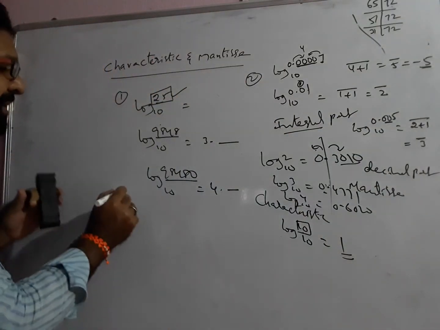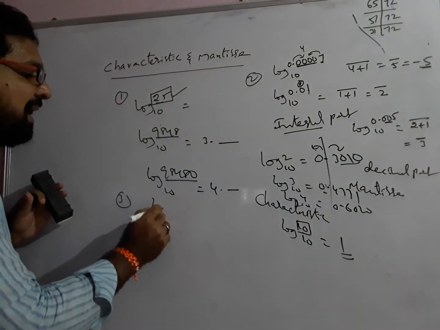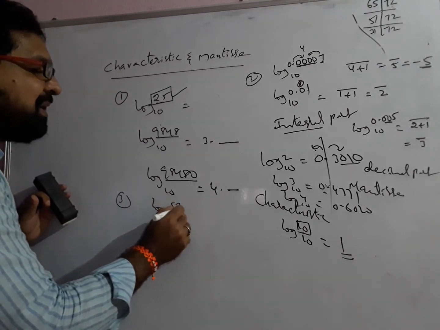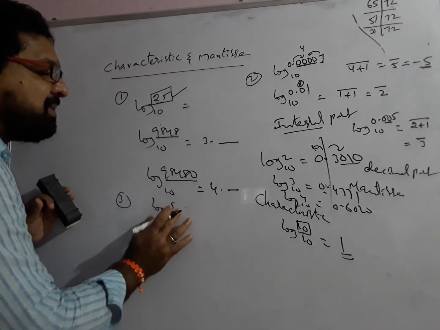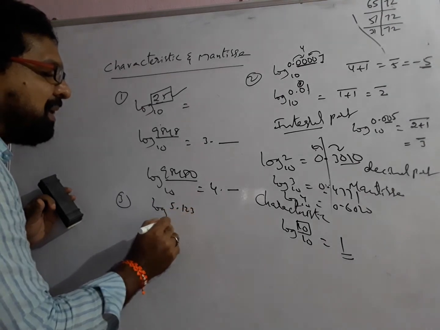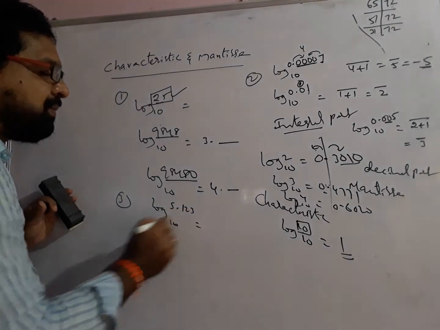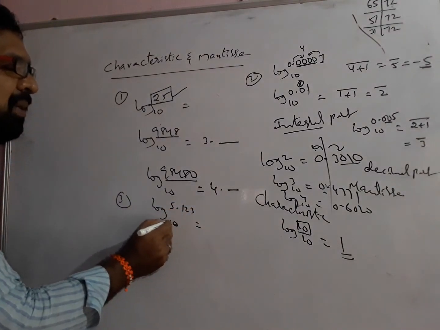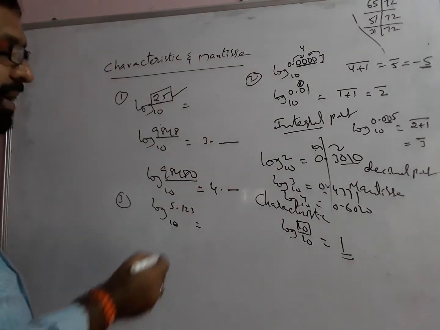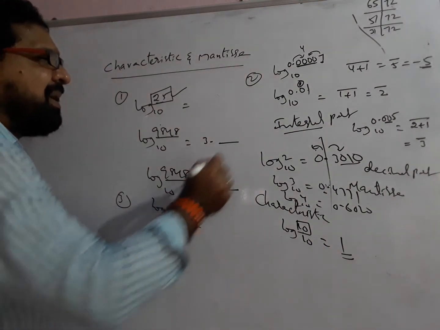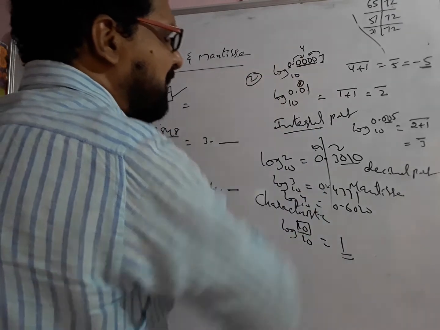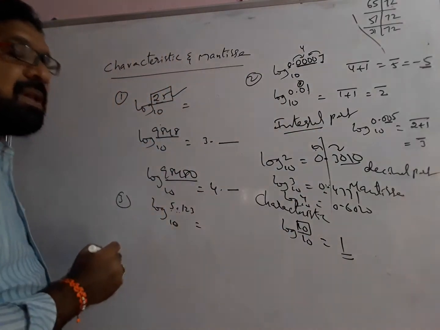Next, the third case is the logarithm of a number like 5.123 to the base 10. Here, before the decimal point there is a non-zero number.